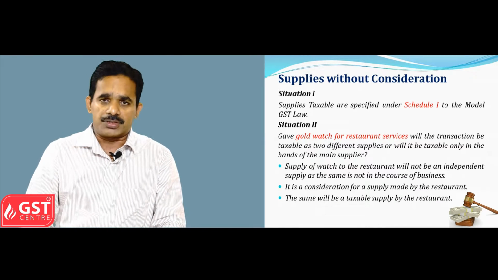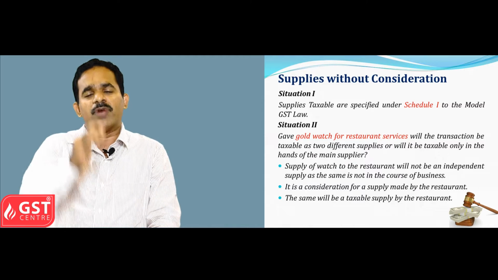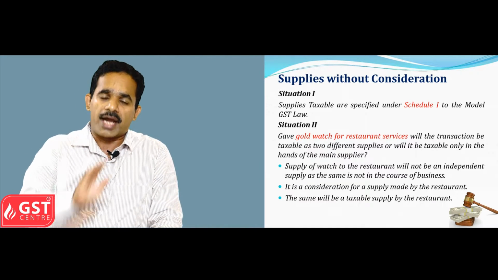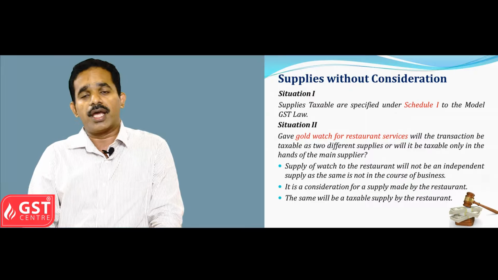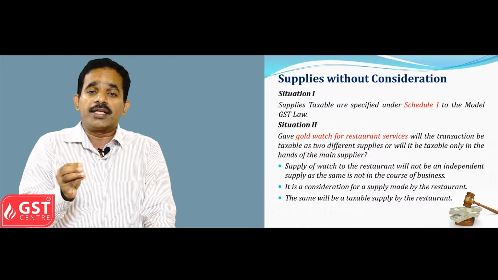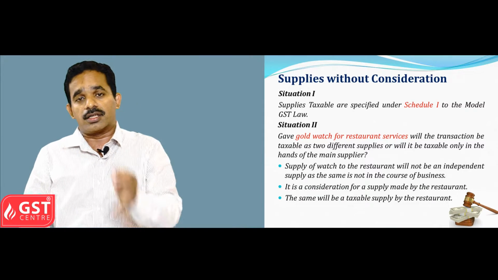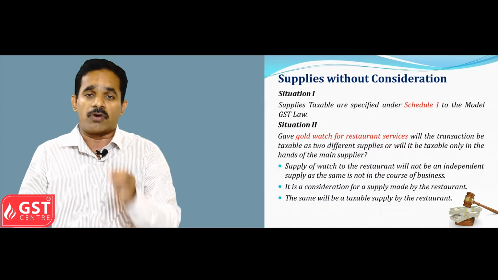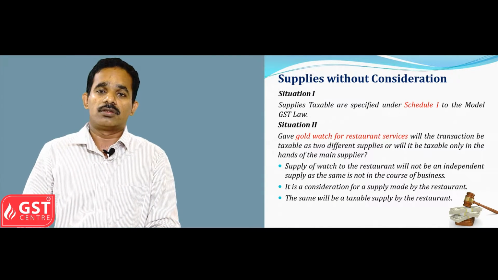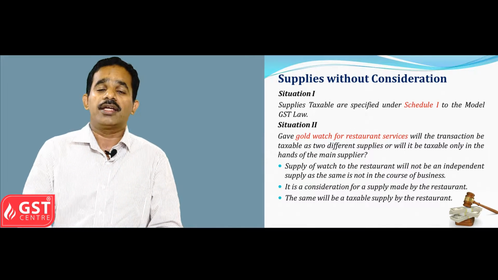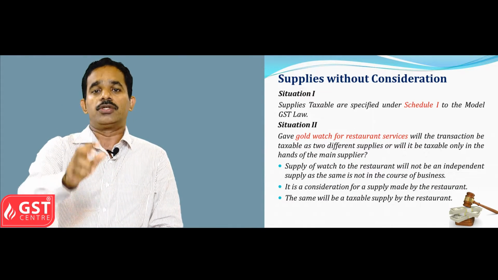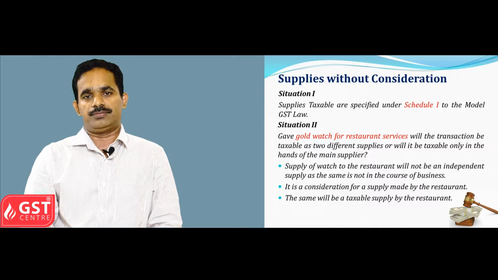There can be a doubt. Suppose I went to a hotel, I had food from there, and unfortunately I didn't have any cash or cards with me for payment of the bill. Then what I did? I gave my watch to the hotel person.